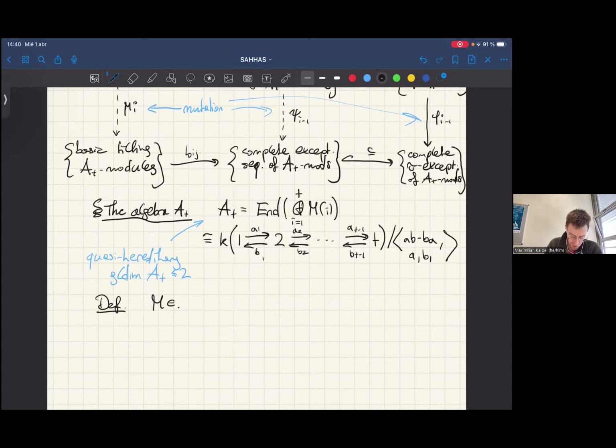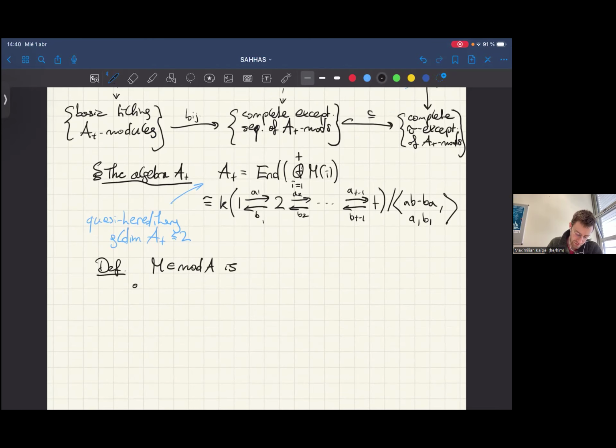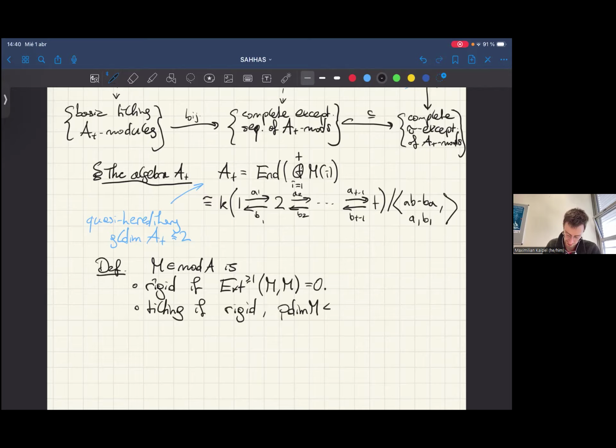So let's take a finite dimensional module, and we'll call it rigid if it has no higher Ext, so that's what I mean by x greater than or equal to 1, Ext^1 and all higher Ext of M with itself is 0, and a particular type of rigid module will be called tilting if it is rigid, it has projective dimension at most 1.